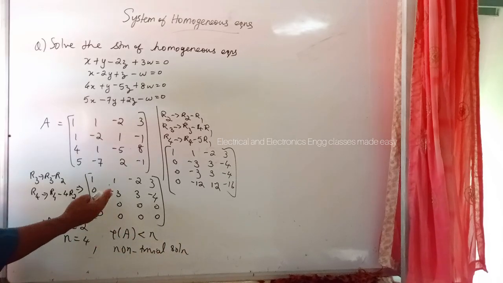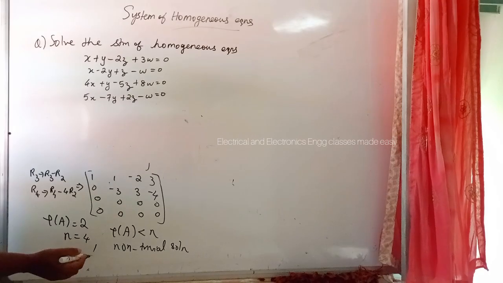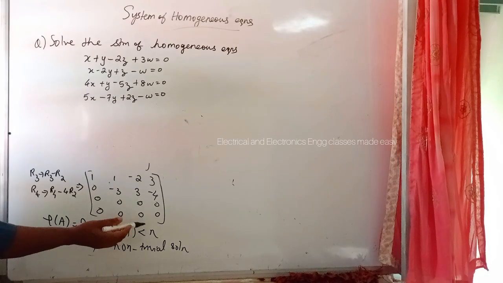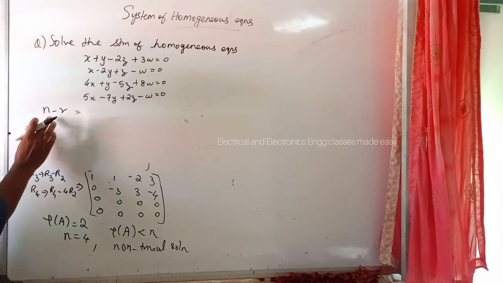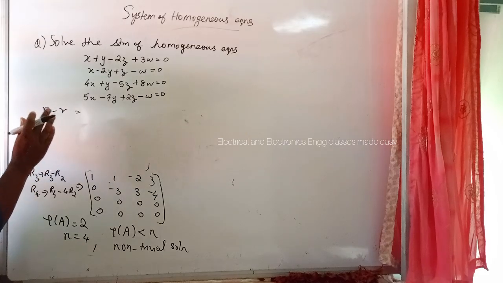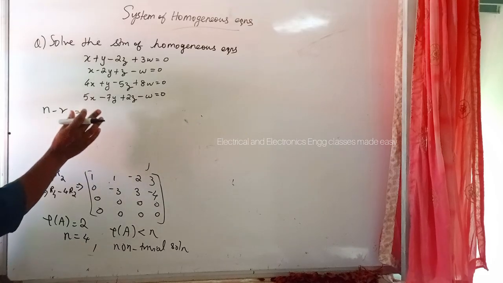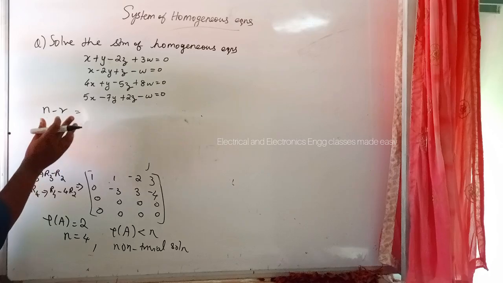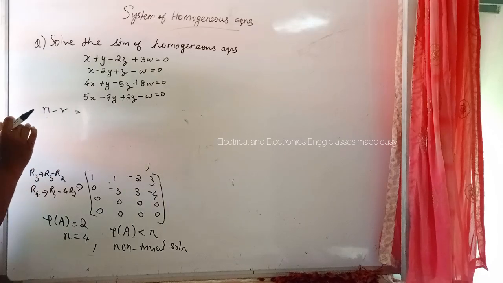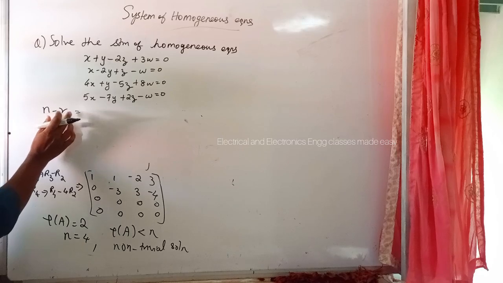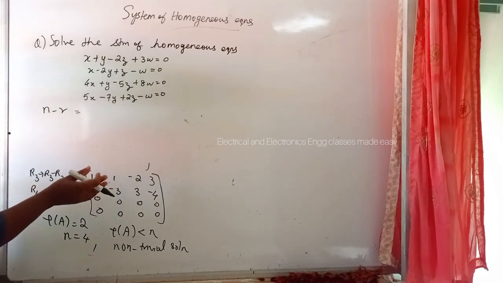And let us find the solution. If the rank of A is less than n, then we can find n minus r independent variables in the solution. That is, we have to assume values for n minus r variables.